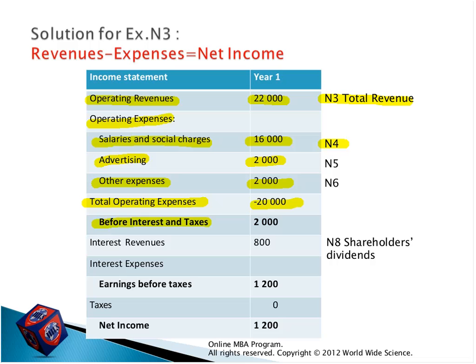Income before interest and tax is equal to 2,000, right? Here is the formula, so we move based on this formula. 22,000 minus the 20,000 operating expenses gives us 2,000 of income before interest and taxes, right? So, next one.